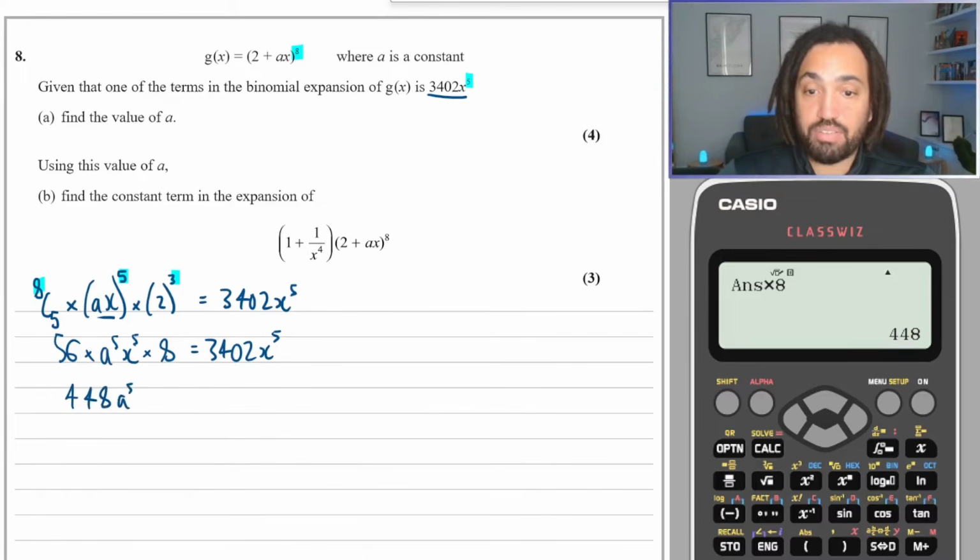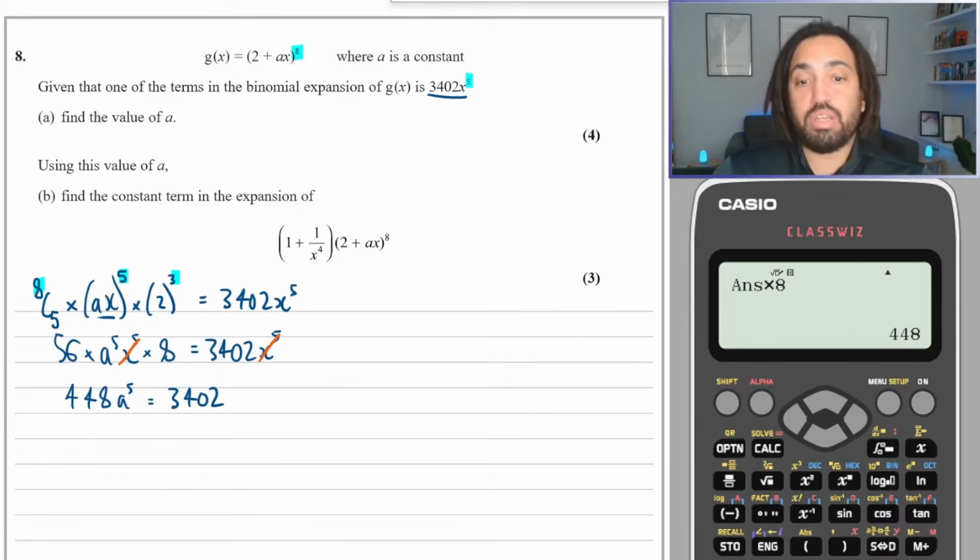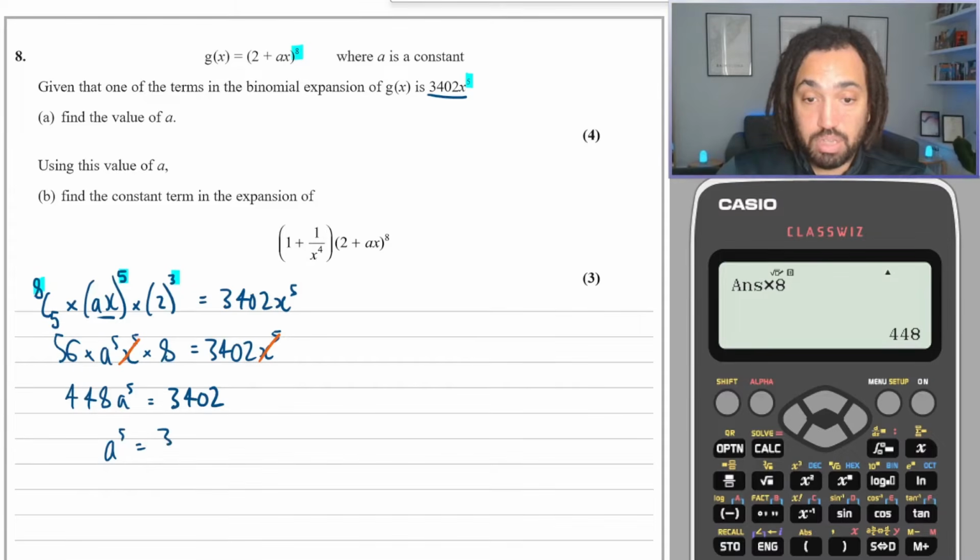A to the 5, and we can just cross off these x to the 5s. We don't need those, and they occur on both sides. Okay, and that's equal to 3402. So we just divide through, and then we're going to take the fifth root. And that should do us.